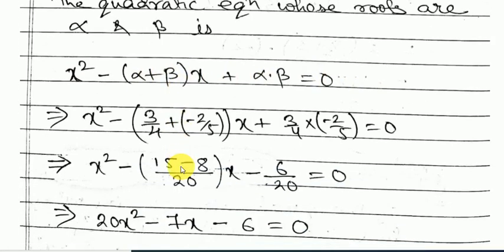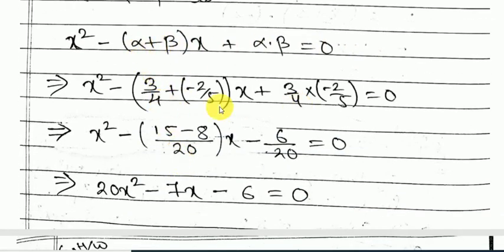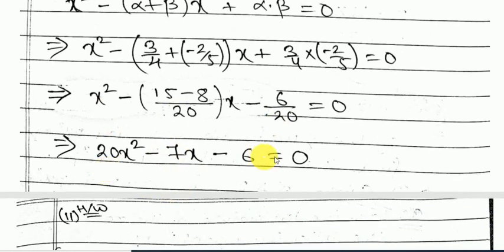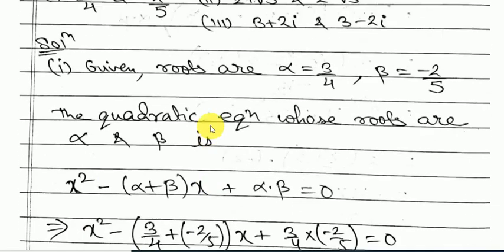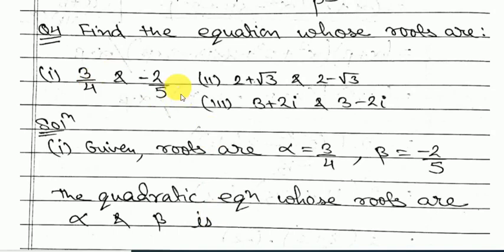Now substitute the values of alpha and beta, and then simplify it, and at the end you will get an equation of the form ax squared plus bx plus c is equal to 0. So this is the required quadratic equation whose roots are 3 by 4 and minus 2 by 5.